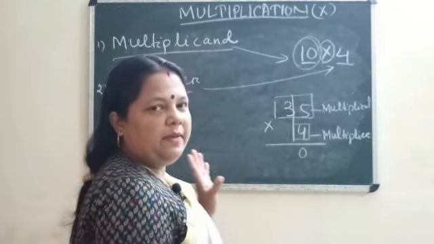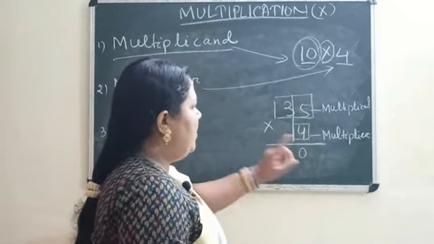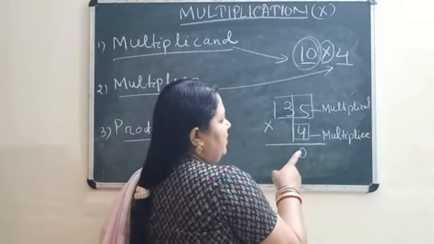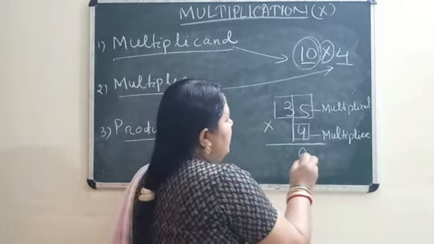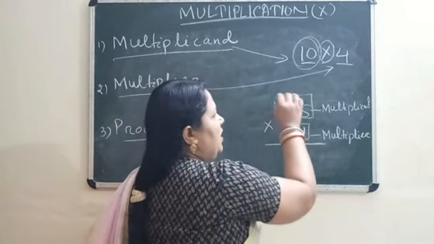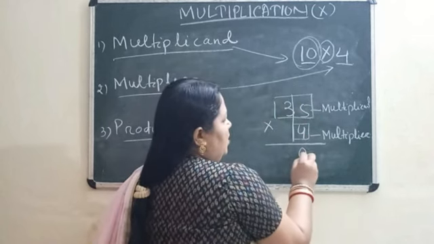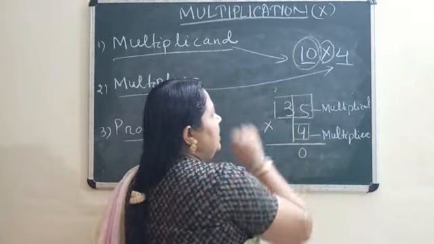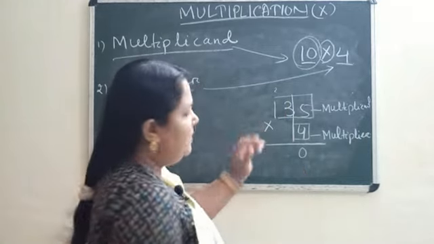I think you know the tables. So 4 5s are 20. Are we going to write 20 here? No, we will not write 20 here, because as we have already discussed in addition, it will carry forward to the tens place. So 20 means the ones digit 0 will be kept here and 2 will be carried forward to the next tens place.